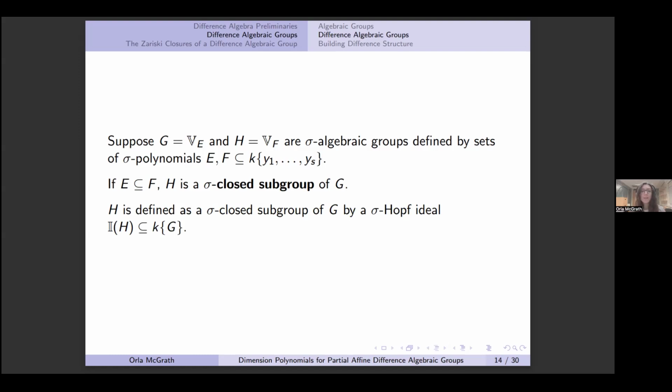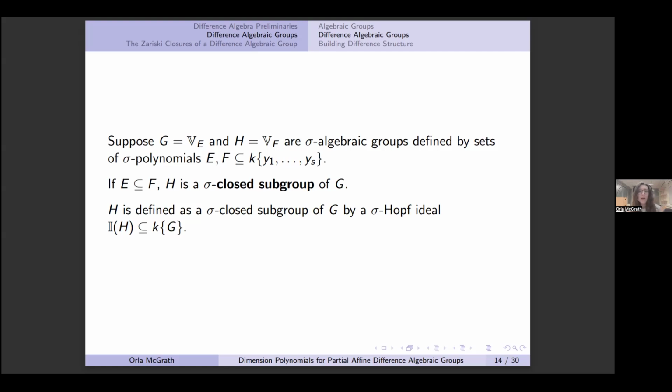It's also a difference ideal, in that if some polynomial vanishes everywhere on H, then any transform of that polynomial will also vanish everywhere on H, which is why it has this nice difference structure as well. So again, we get this one-to-one correspondence between difference closed subgroups of G and difference Hopf ideals of the coordinate ring for G.